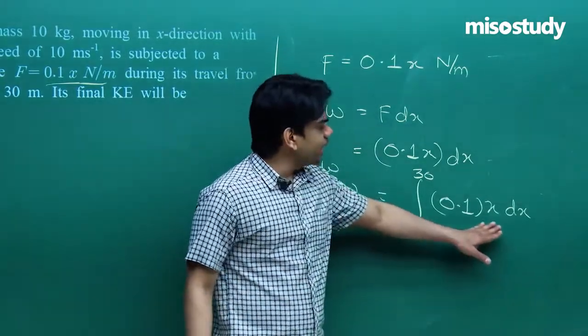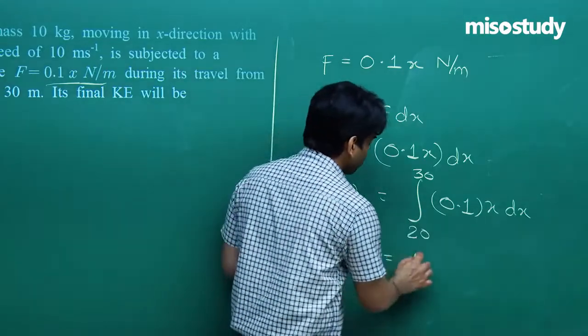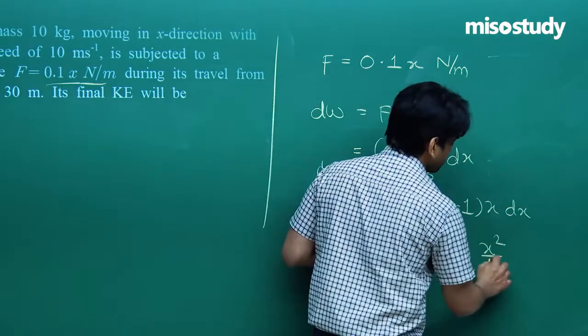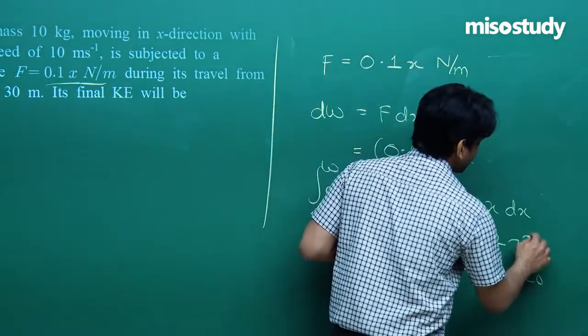Now simply you integrate this term. Keep 0.1 here, x integrated gives x square by 2, from 20 to 30.